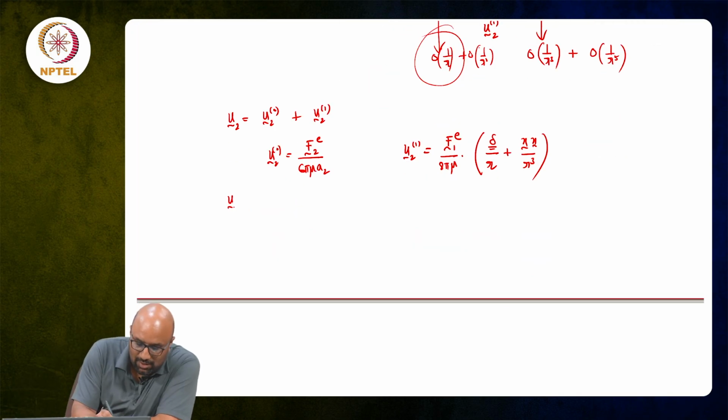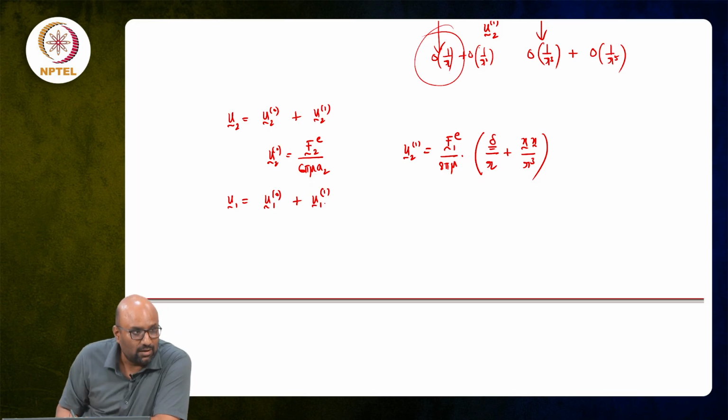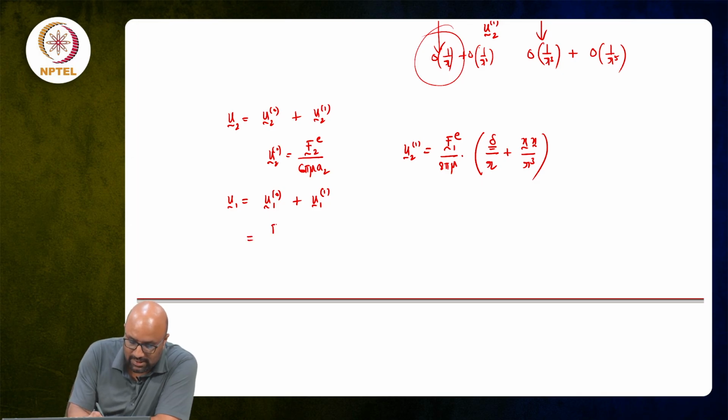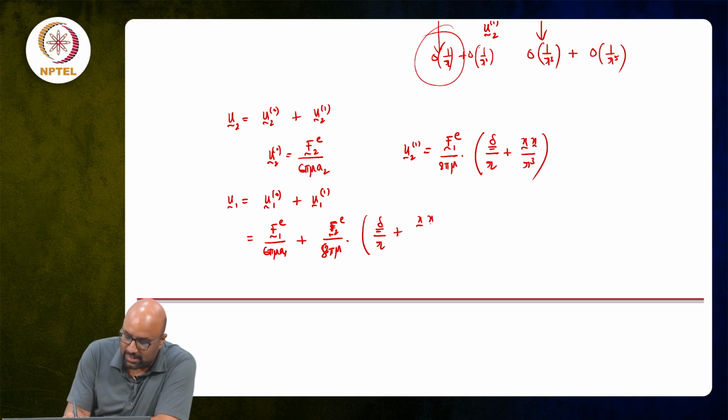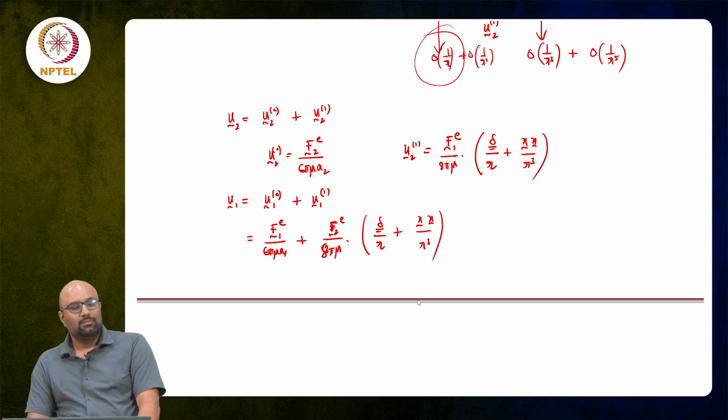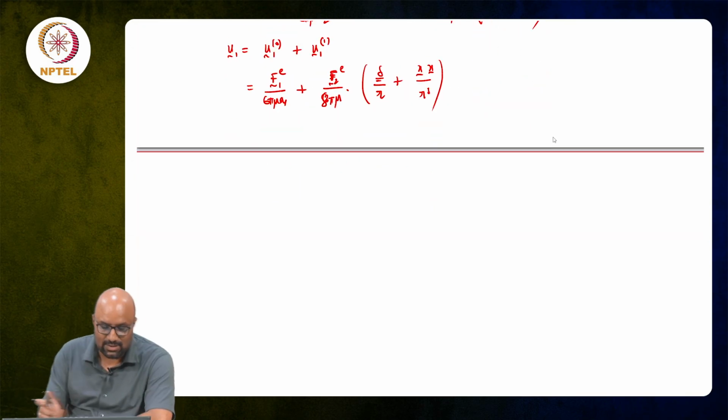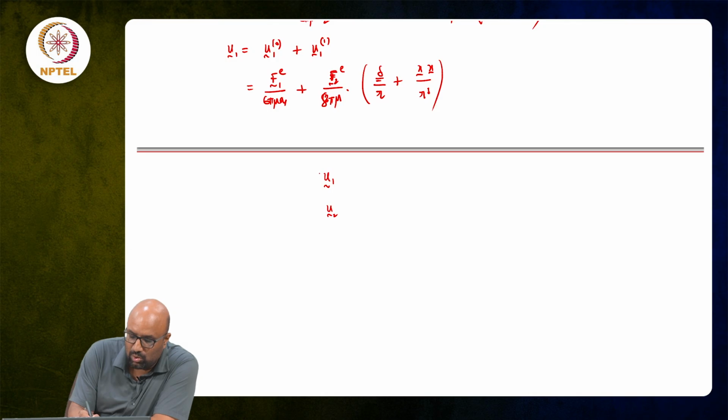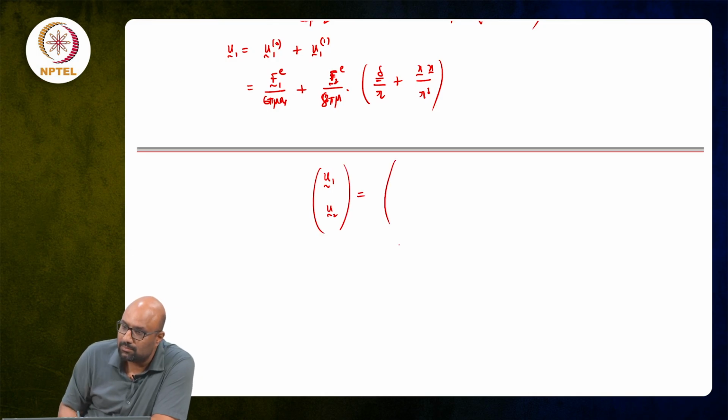Similarly, if you do this exercise for u1, this is going to be u1 0 and then u1 1, the first correction that you are going to get. So this is once again going to be f1e by 6 pi mu a1 and then f2e by 8 pi mu dotted with delta by r plus xx by r cube. So with this exercise, what we have now is that u1, u2 is equal to delta by 6 pi mu a1, delta by 6 pi mu a2.